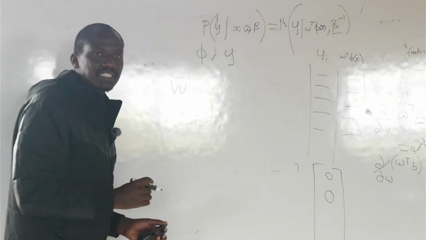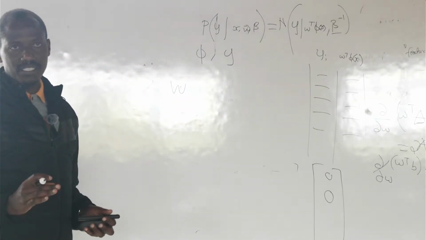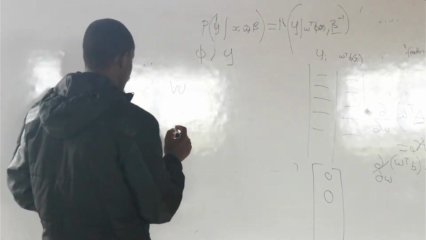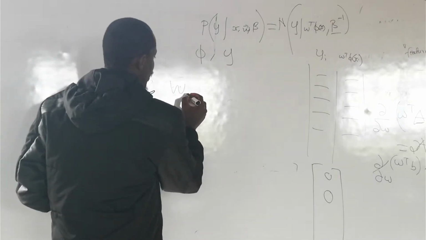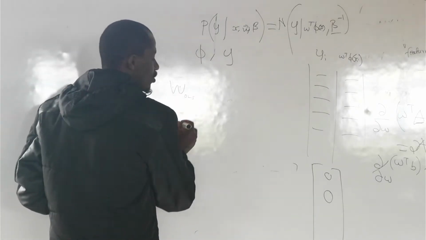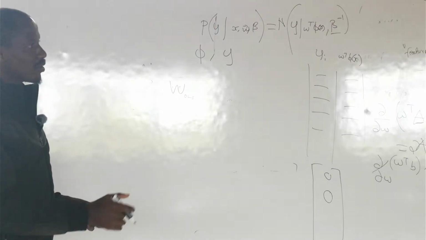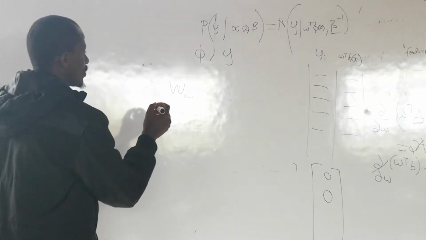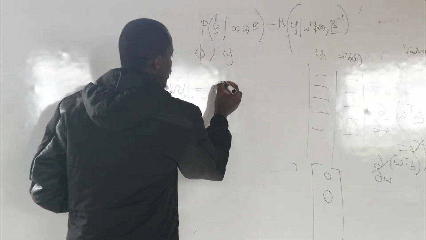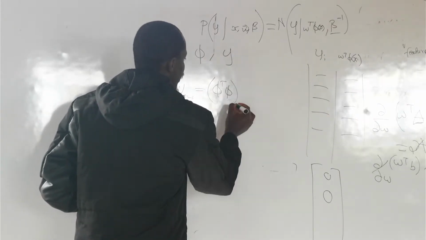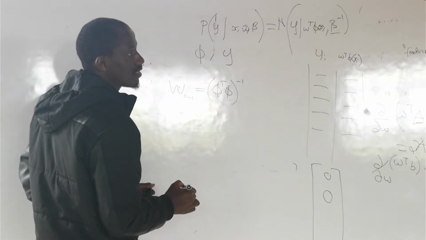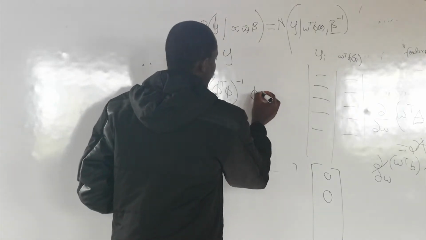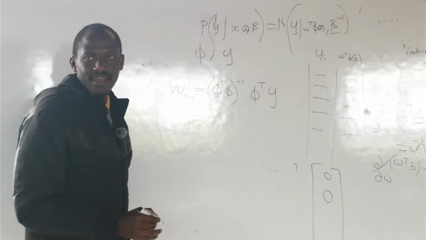That means the parameters, these are the optimal parameters. So we are calling this the ordinary least squares solution. Ordinary least squares equals phi transpose phi inverse multiplied by phi transpose y.